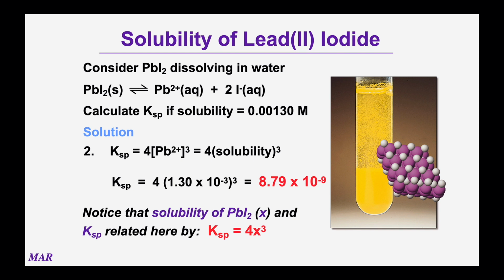There's a reason for it. A lot of times, a scientist will have KSP and they want solubility. Or, like in this problem, you'll have solubility and you want KSP. And you can actually go through stoichiometry and figure out the different pieces. But if you know the relationship between KSP and solubility X, it does make your life a little bit easier, which I know is kind of strange sounding.